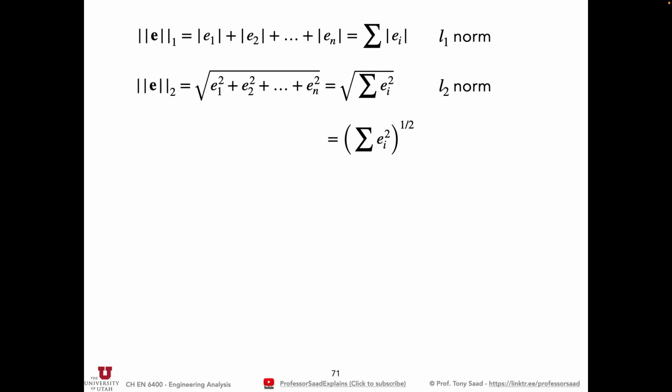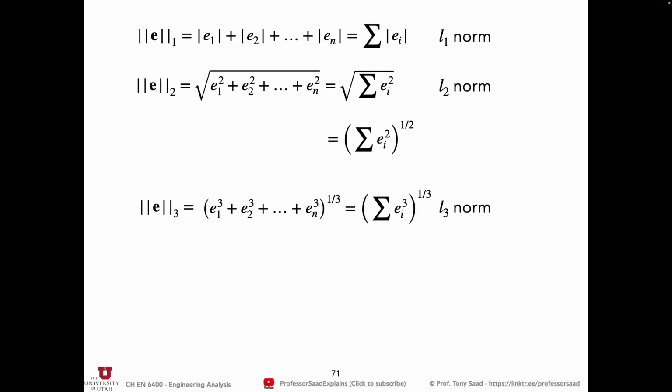L1 is the summation of the individual values. L2 is the summation of the individual values squared, to the power 1 over 2. Connect this 2 with this 2. Now, what do you think is the L3 norm? To the power 1/3, but what's under the summation? E cubed.